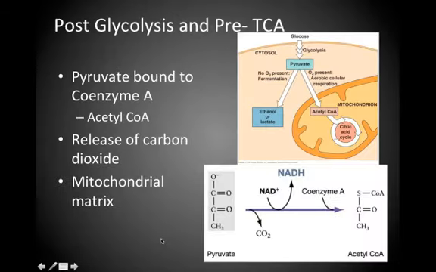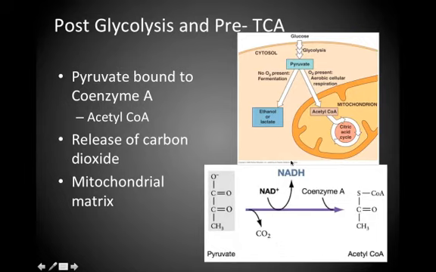So remember, we have 2 pyruvates here, and now we end up with 2 acetyl-CoAs. Call it acetyl-CoA. This is an acetyl group with an enzyme called CoA, coenzyme A. And a sulfur atom keeps the CoA attached to the organic molecule. So in this middle reaction, we have pyruvate losing carbon dioxide.